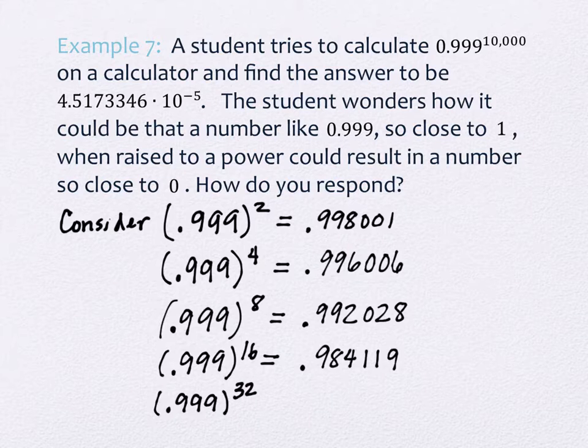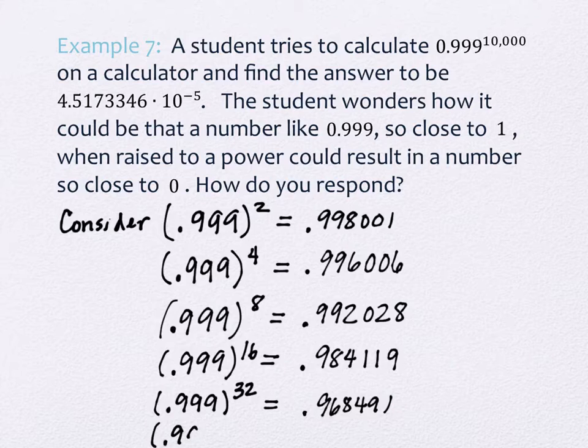Let's double it again. So 32. Somebody who hasn't given me one, tell me what you see on yours. 0.968491. Okay. That was a bigger jump, wasn't it? Bigger than we were making before.